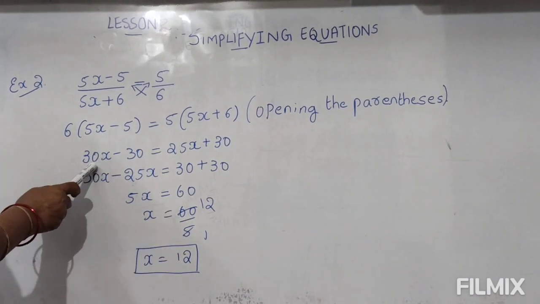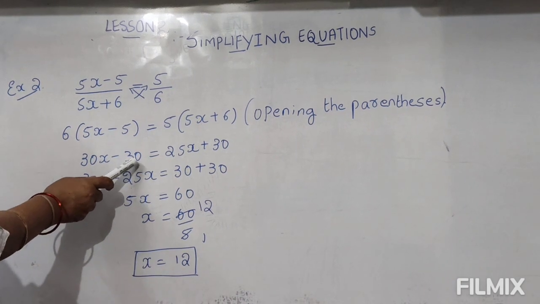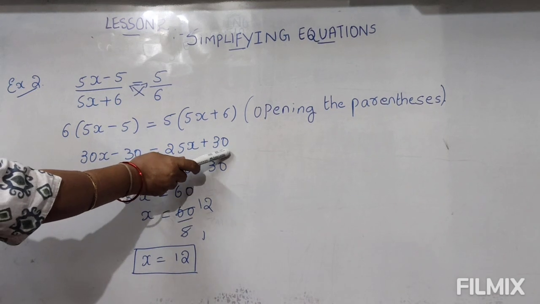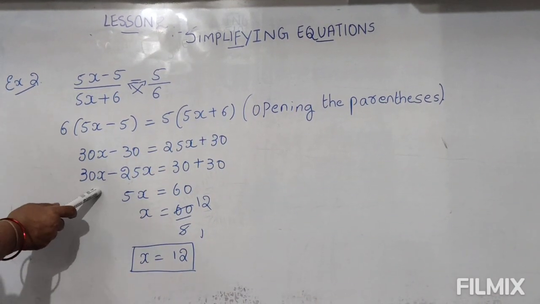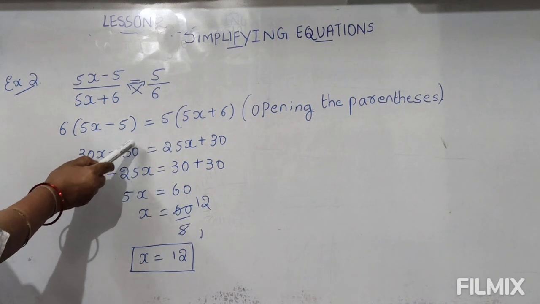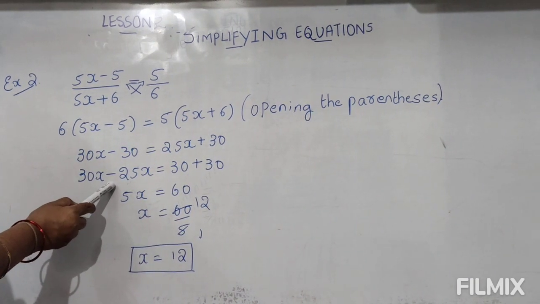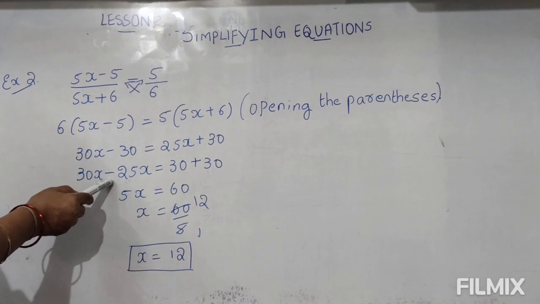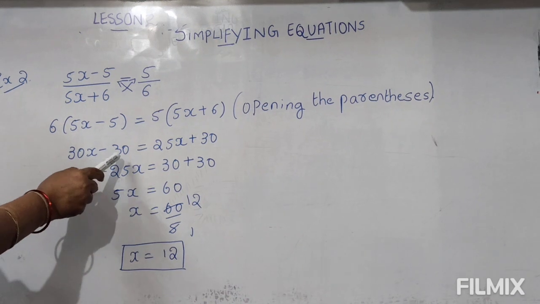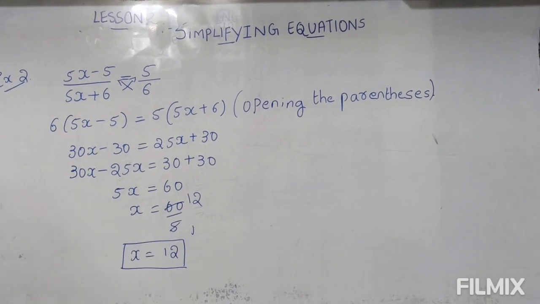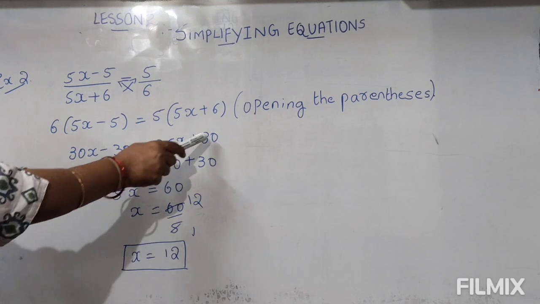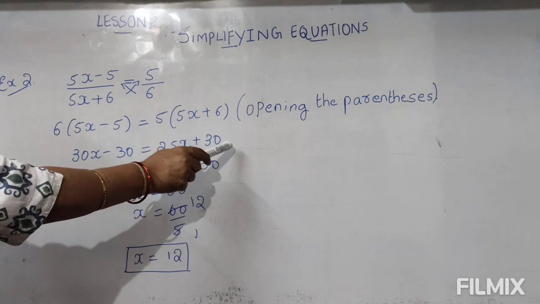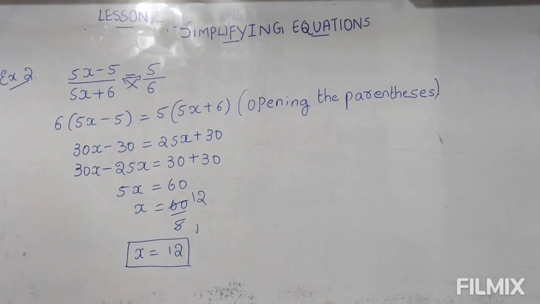So 30x - 30 = 25x + 30. Bringing this 25x towards the left hand side, transposing, this plus 25x becomes minus 25x, and transferring this constant to the other side, bring this 30 as it is and transfer this minus 30 to the right hand side.